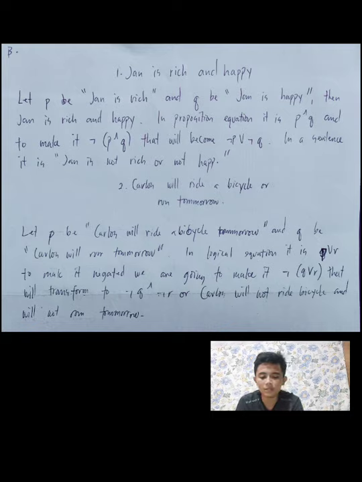In a logical equation, it is Q disjunction R. To negate it, we take the negation of Q disjunction R. That will transform to negation of Q conjunction negation of R, or Carlos will not ride a bicycle and will not run tomorrow.